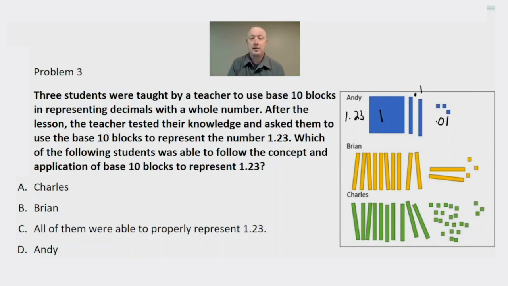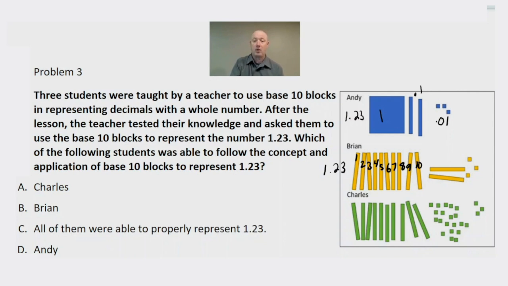Now Brian did it a little bit differently, but is Brian wrong? Well, if we look at this here, Brian has 1, 2, 3, 4, 5, 6, 7, 8, 9, 10. He has 10 tenths to represent the one whole. That's perfectly fine. And then he has the 2/10 and the 3/100 just like Andy does. So Brian actually has 1.23 also.